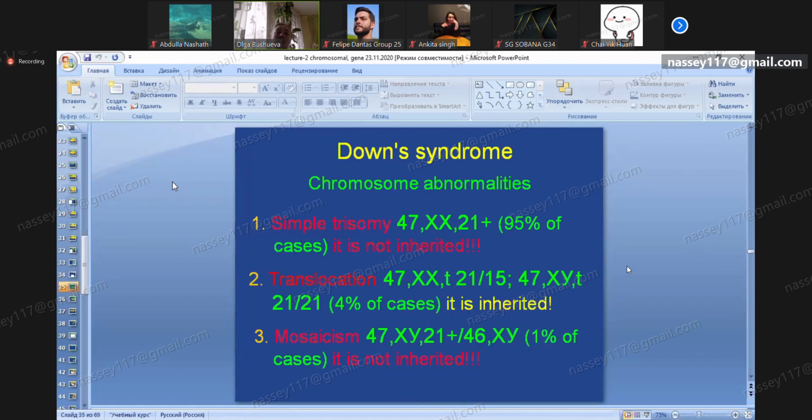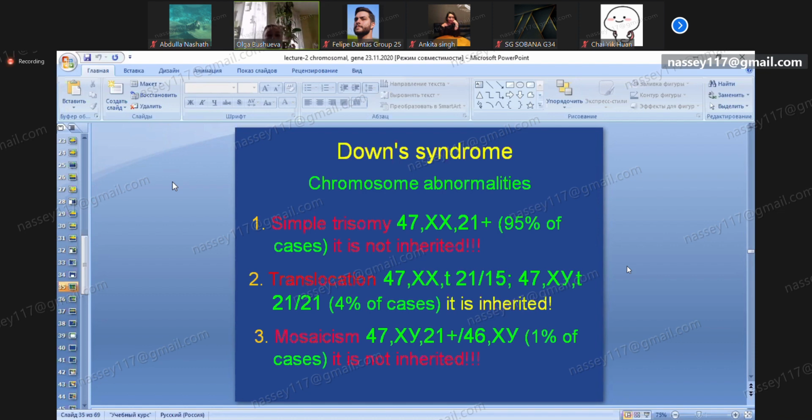We know three basic cytogenetic forms of Down syndrome: simple trisomy, translocation form, and mosaicism. Pay attention that only the translocation form is inherited, but simple trisomy and mosaicism are not inherited.